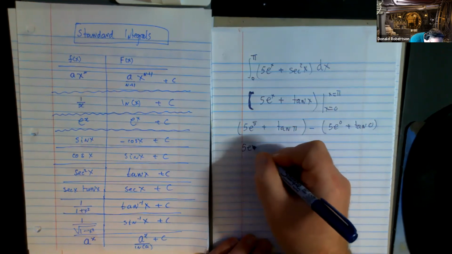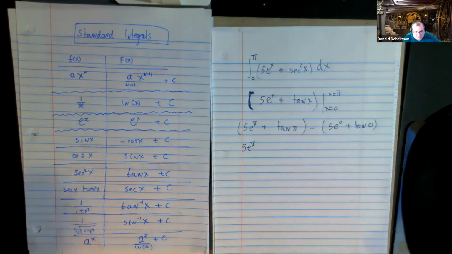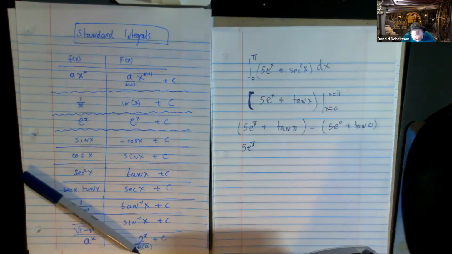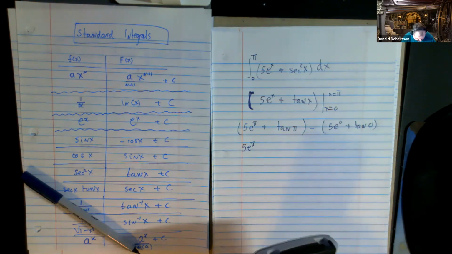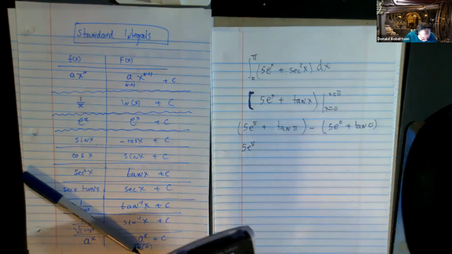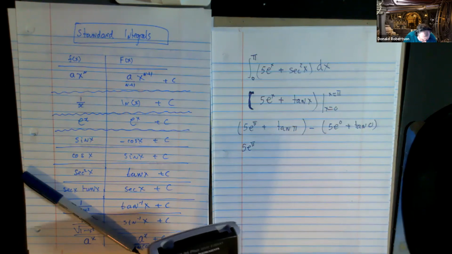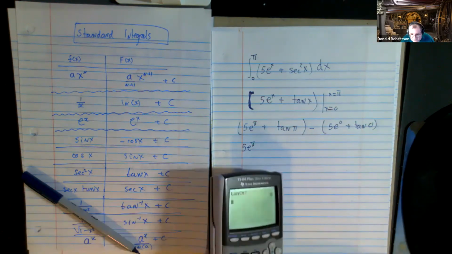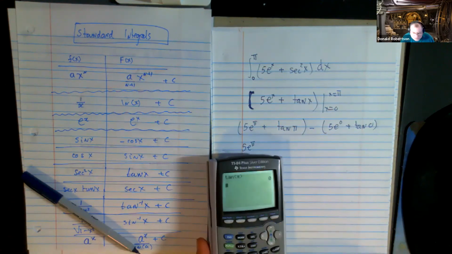Can't do much about that guy. He is what he is. I want to check this fella. Okay. I may change that, but I'm pretty sure pi is fine. Oh, the tangent of pi is 0.